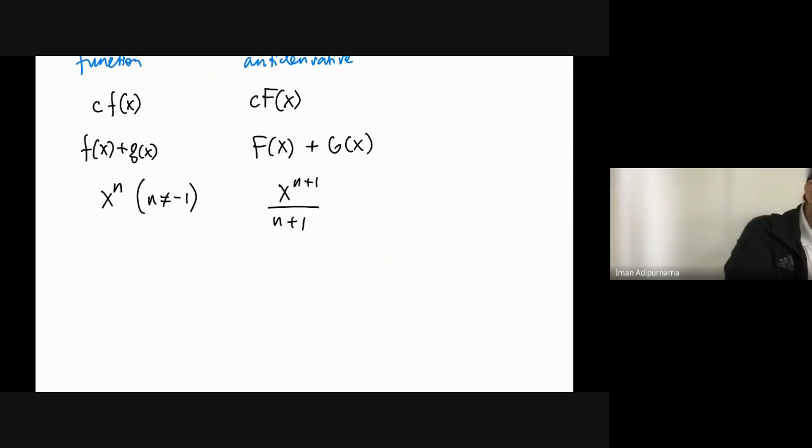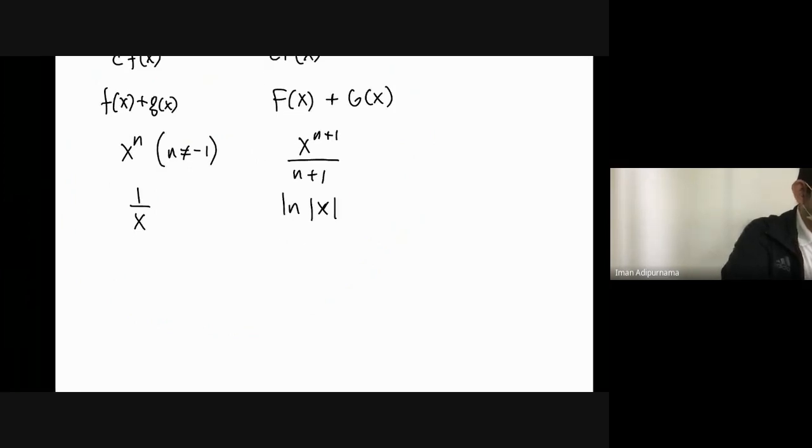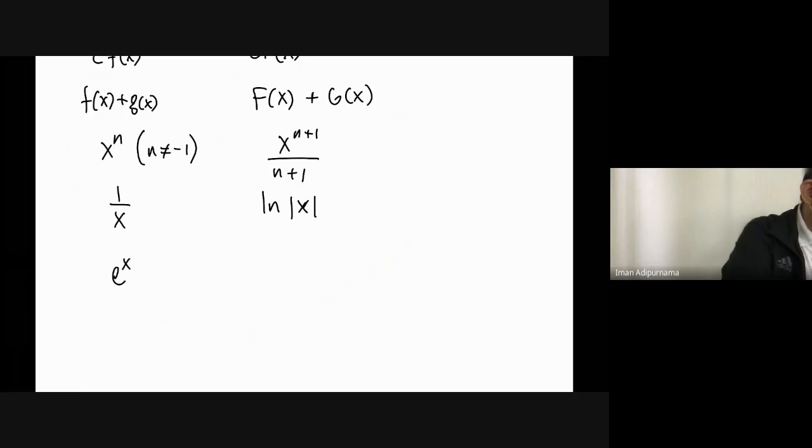This is from what we have learned from chapter 3. So this is 1 over x, the antiderivative should be ln x, but you need to have the absolute value. So e to the x, e to the x. And what else? b to the power of x, this is b to the x over ln b.